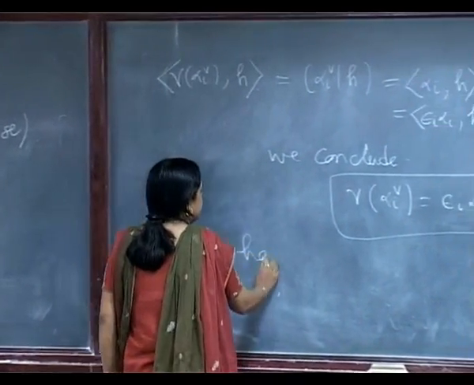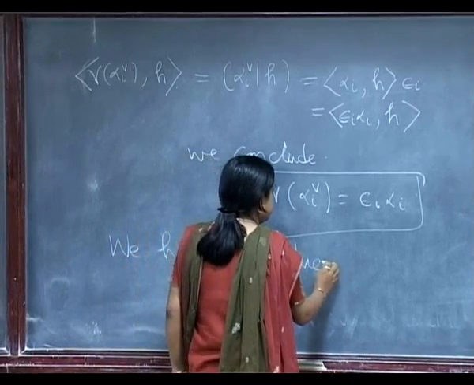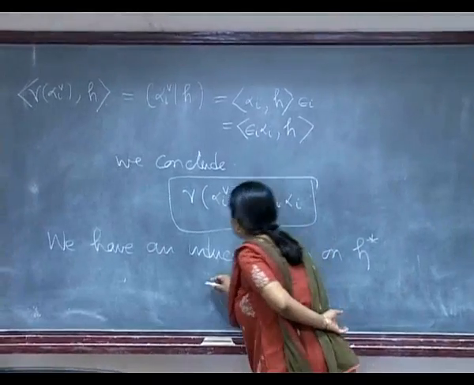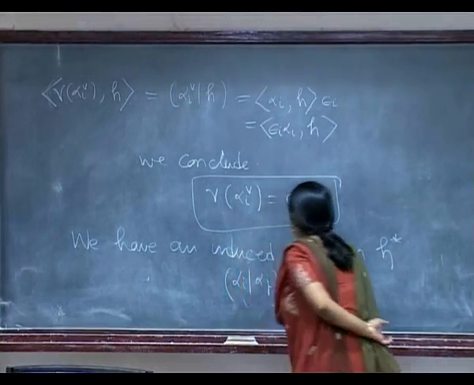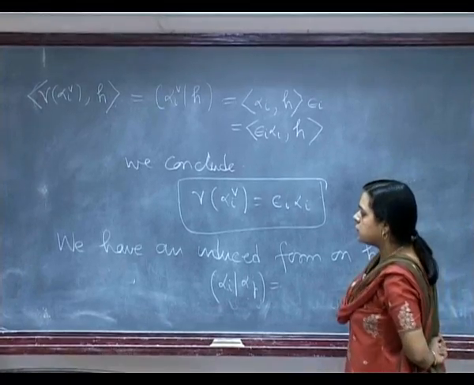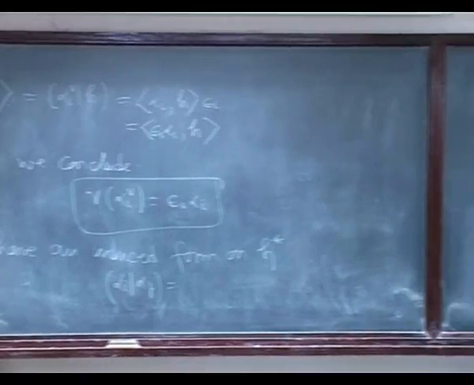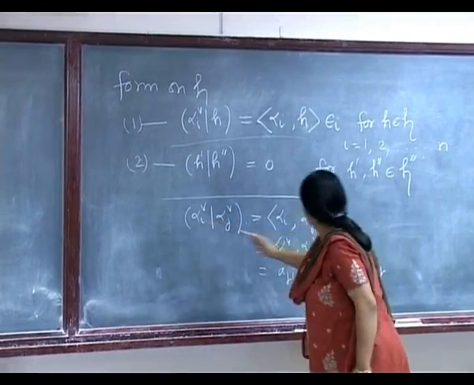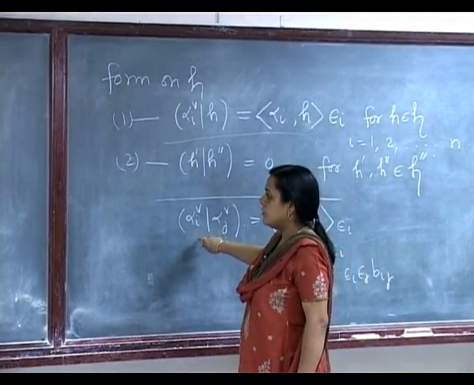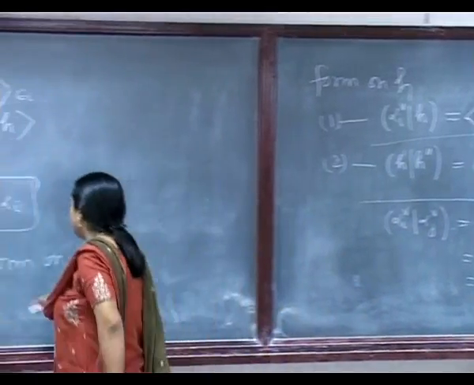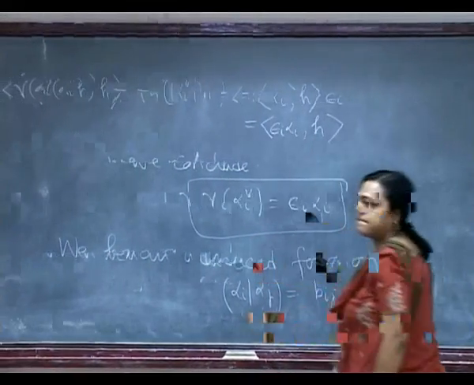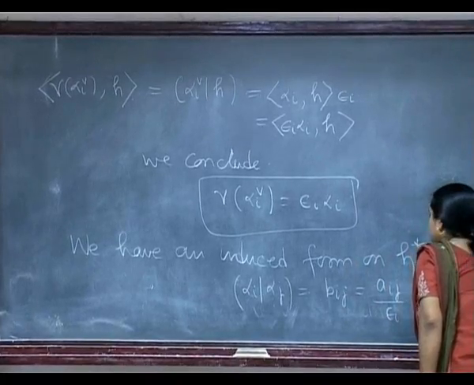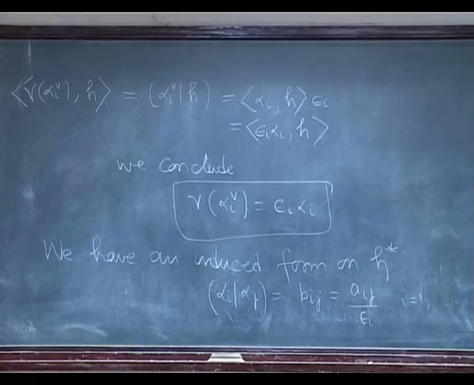Using this one can see that the form on alpha_i, alpha_j is, from here, alpha_i check with alpha_j check, which is epsilon_i epsilon_j b_ij. So, this upon epsilon_i is just nu inverse of alpha_i, so from here one can say that this is b_ij, and this is exactly a_ij upon epsilon_i, for i, j varying from 1 to n. So, we have an induced form on h dual also.